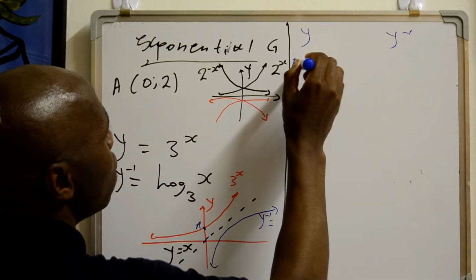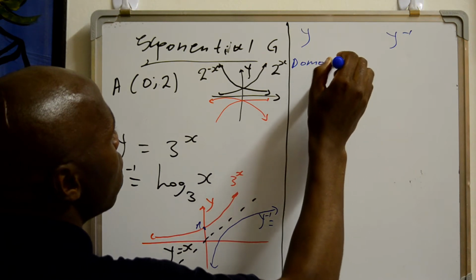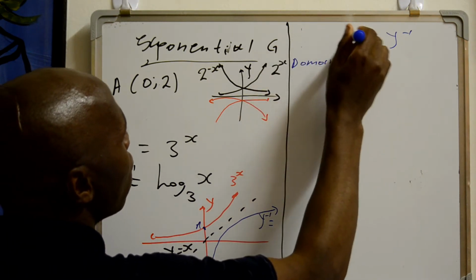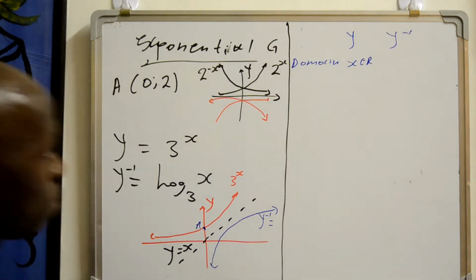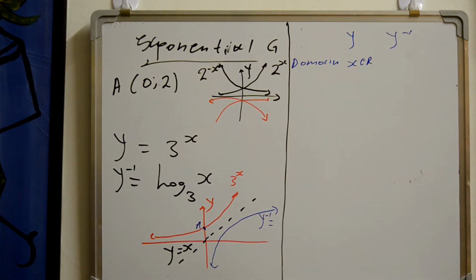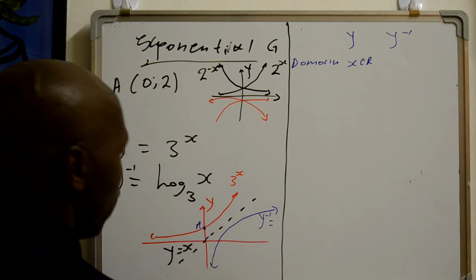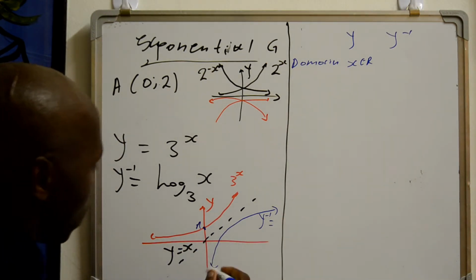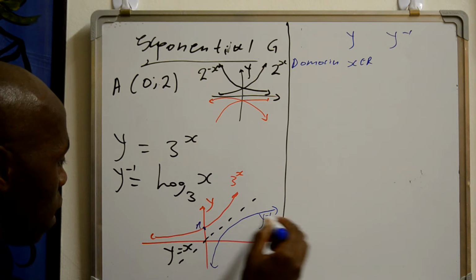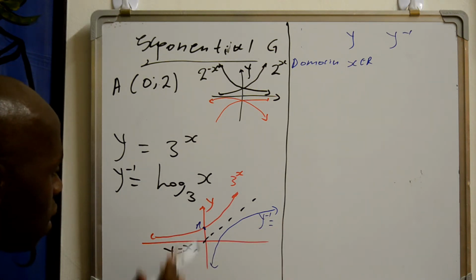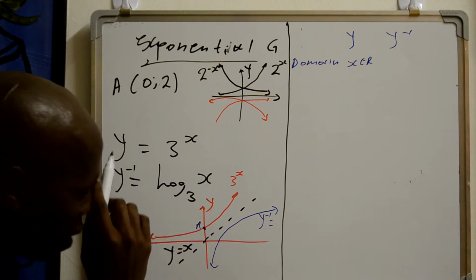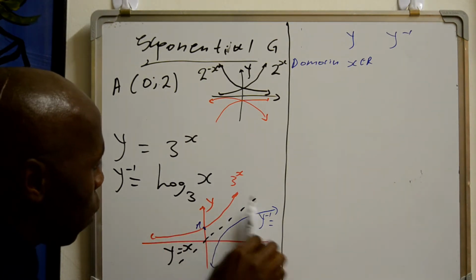So for original, for y, i-domain yaphaya izawuthi x wakho apha is any number, that is a real number leyo. But for inverse, u-x wakho, because yabo inverse yakho here is greater than 0, ayikho kwi-negative x-axis, kweli cala ayikho phaya i-inverse, i-appearisha only kwi-positive.